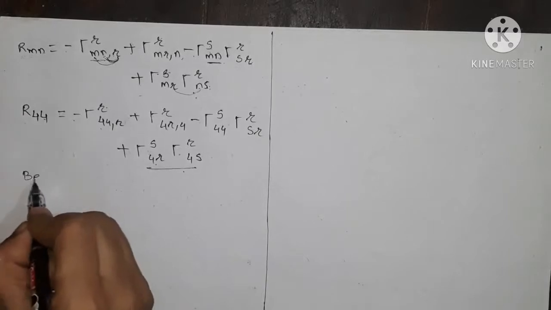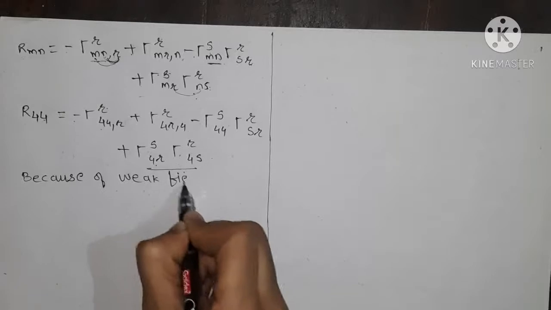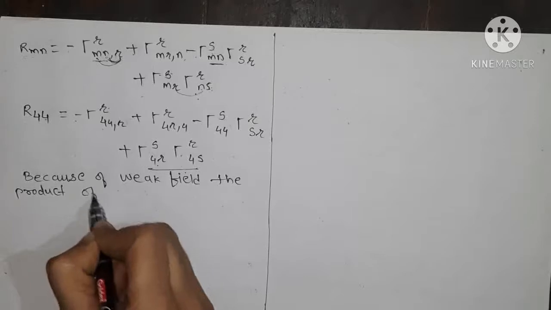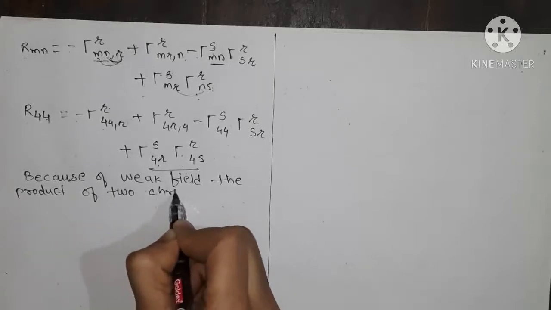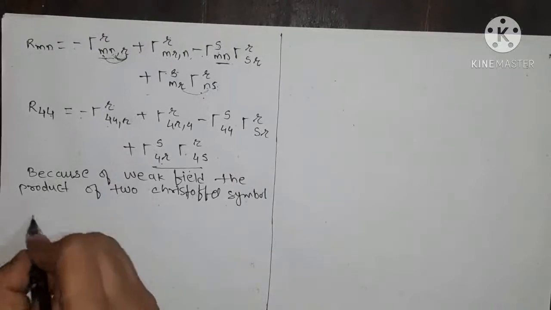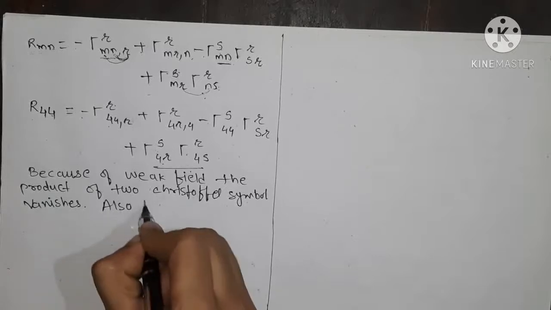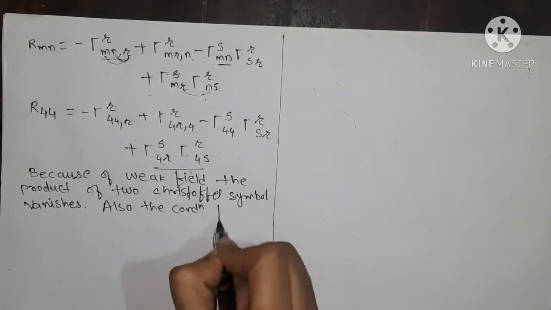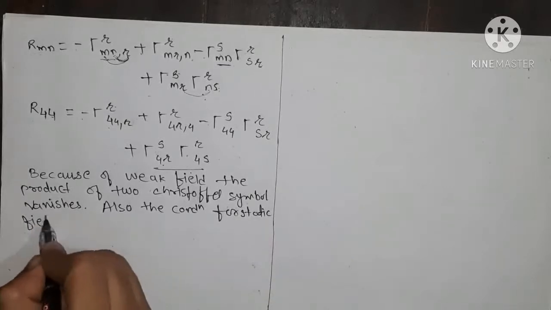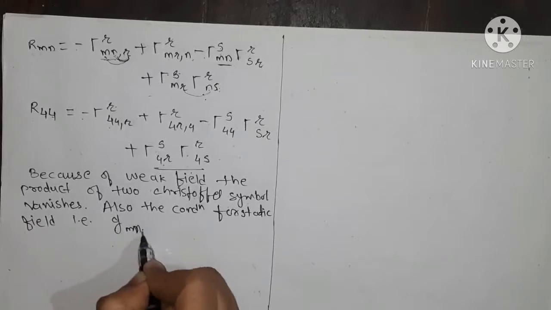Because of the weak field, the product of two Christoffel symbols vanishes, and also the condition for the static field is Gmn comma 4 equals 0.